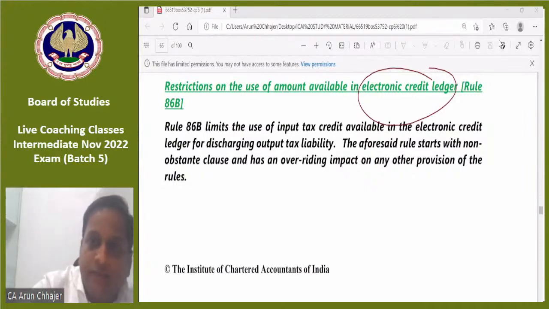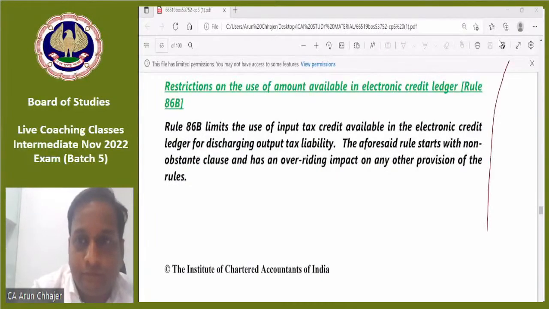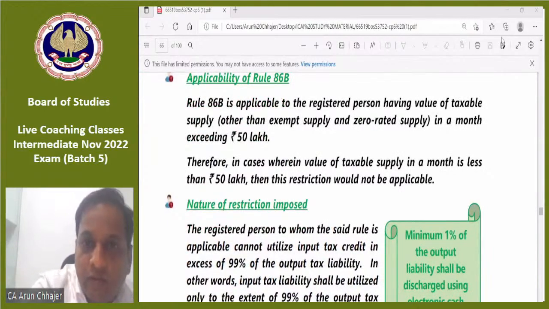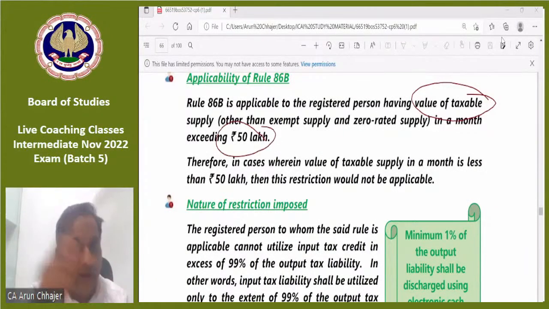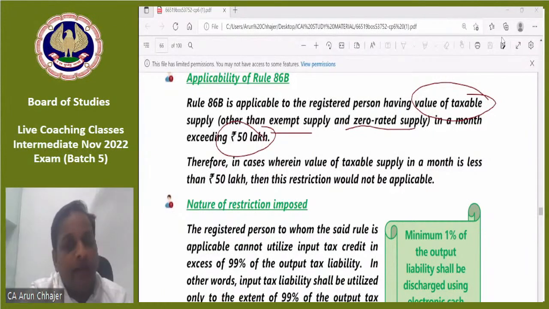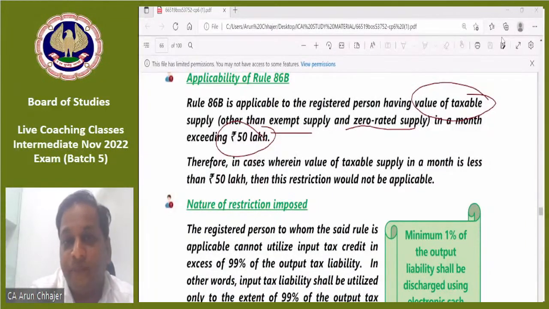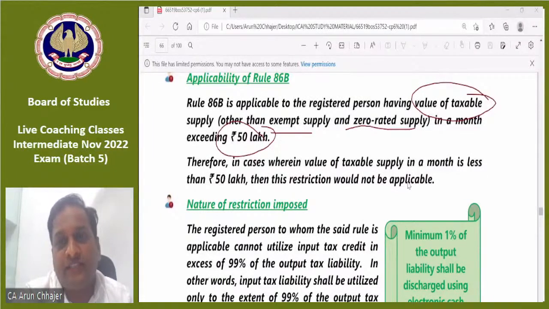When? Let's read the provision. If the value of the taxable supplies is more than 50 lakh, then in the value of the taxable supplies, two types of supply will not be counted. First, exempted, and second, zero rated. May I ask the participants, can you tell me what is the meaning of zero rated supply?